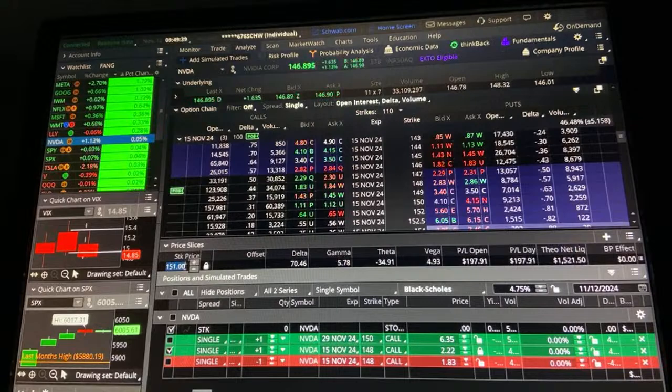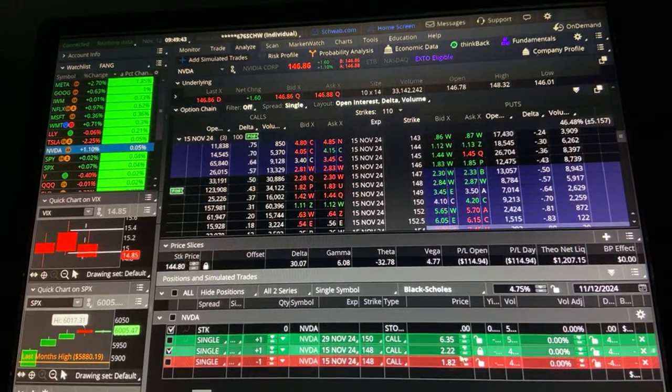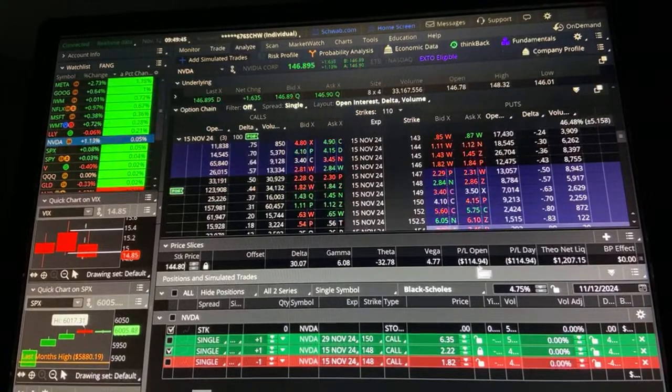So if the stock gets to 144.80, we bought for 222, you're probably risking about $1.15, $1.20 right there, price slicing wise.